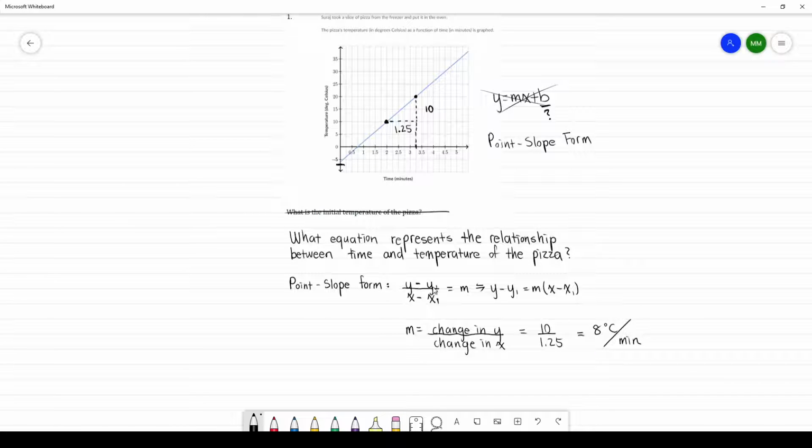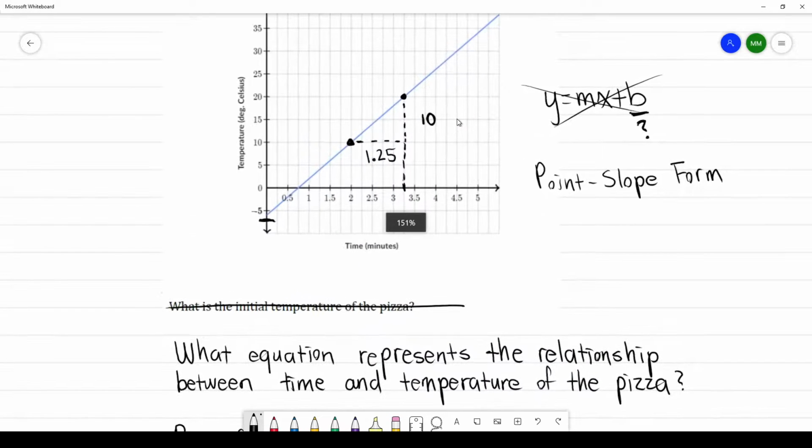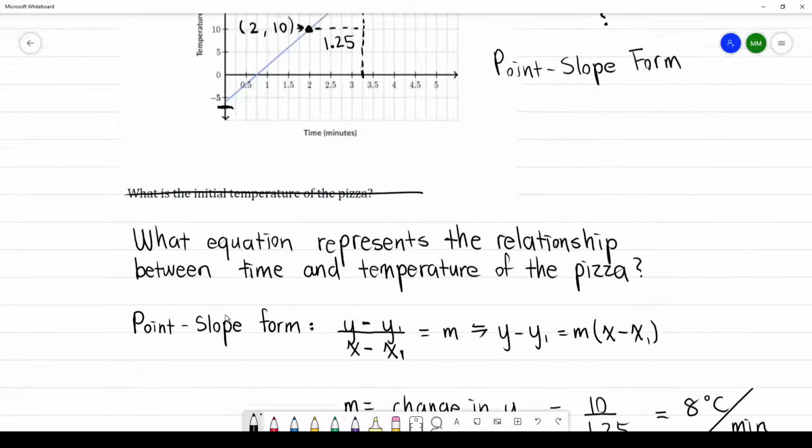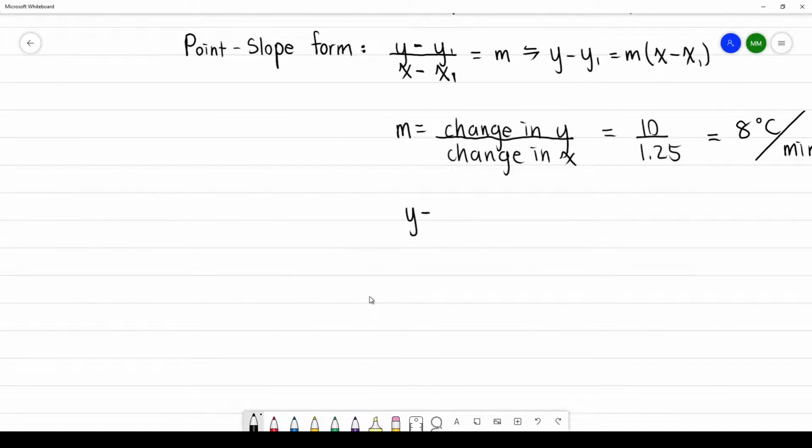So y minus a y coordinate divided by x minus an x coordinate. I'm going to choose this point over here. The x coordinate is 2 and the y coordinate is 10. So in point slope form, y minus 10 divided by x minus 2 is equal to the slope, which is 8.